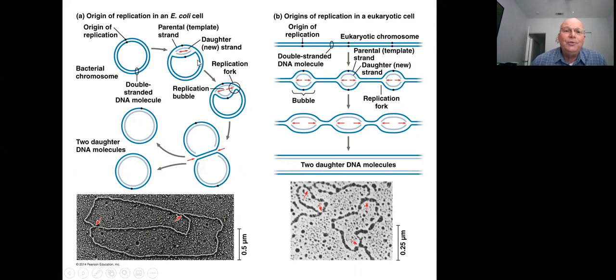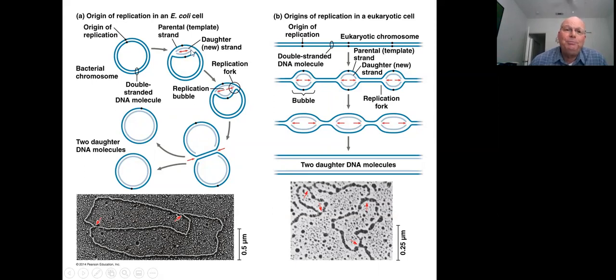That then allows for the initiation of the replication process within what is now known as a replication bubble. And the bubble then begins to start to open up as a consequence of the action of some specialized enzymes that we'll talk about in a few moments that expand the replication bubble.